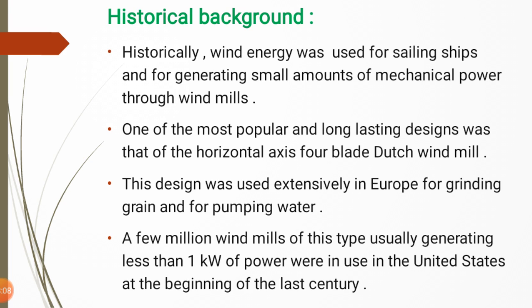The most popular wind machine was the horizontal axis wind machine, and the particular type generally used in previous years was the 4 blade Dutch windmill.